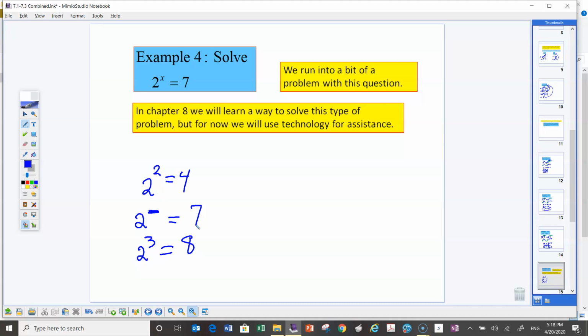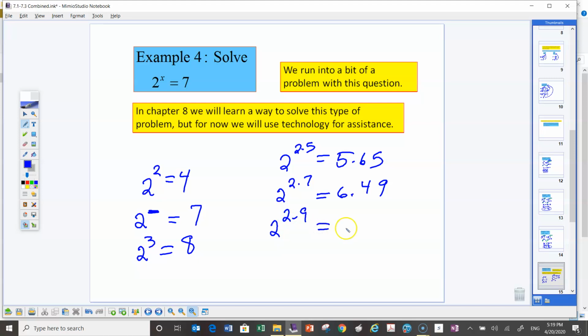If I go 2 raised to the 2.5, that works out to be 5.65. Well, let's try something closer to 3. Let's go 2 raised to the 2.7. That equals 6.49. 2 raised to the 2.9 is 7.46, so it's a little bit bigger than 7.